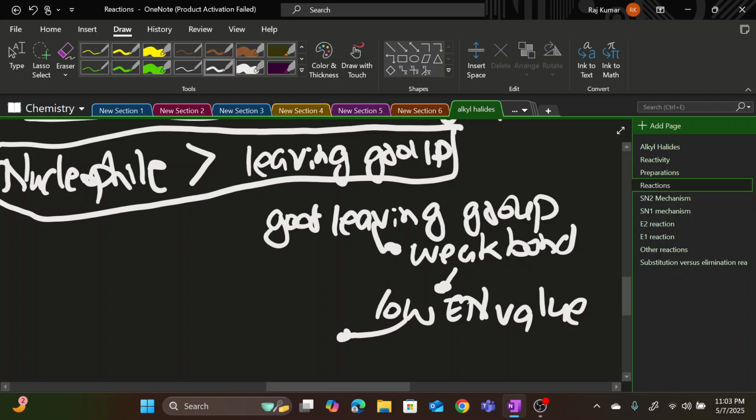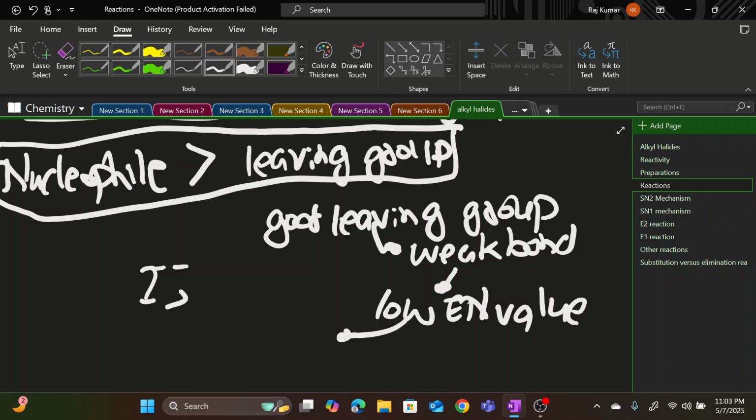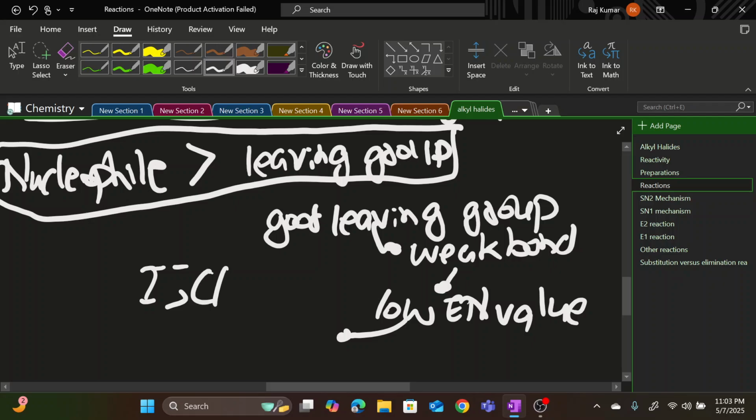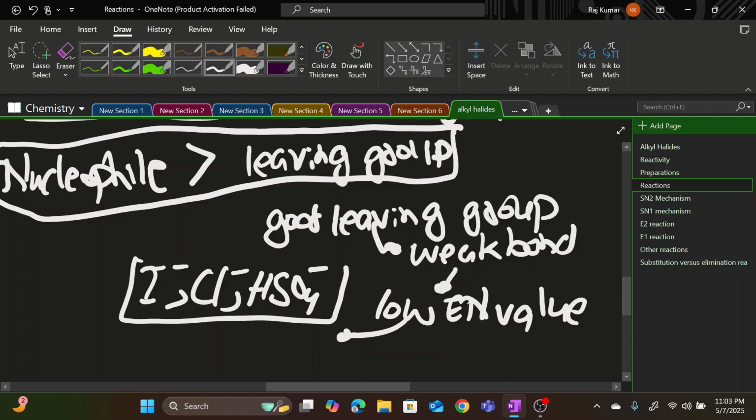Some examples: iodide, because the leaving groups leave in charged form, not as a neutral atom or a free radical. They leave as negatively charged species. So iodide, chloride, HSO4, all of these are good leaving groups because they have a large size, a low electronegativity value, and a weaker bond with carbon.